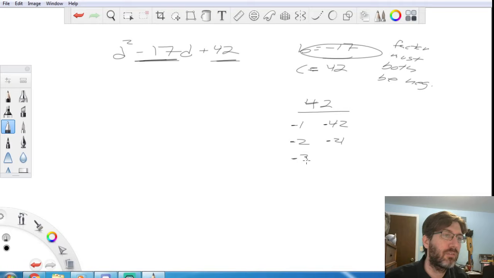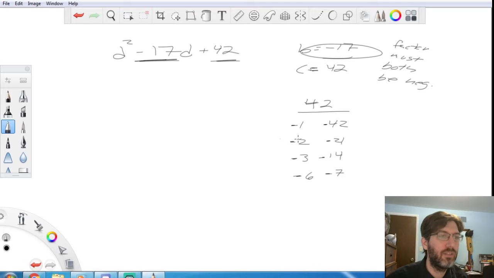So we have a negative 3 and 42 divided by 3 gives me 14. And a negative 14. Let's see, we got 4 will not, 5 will not, 6 will work. We can have negative 6 and negative 7, and those are your factors.